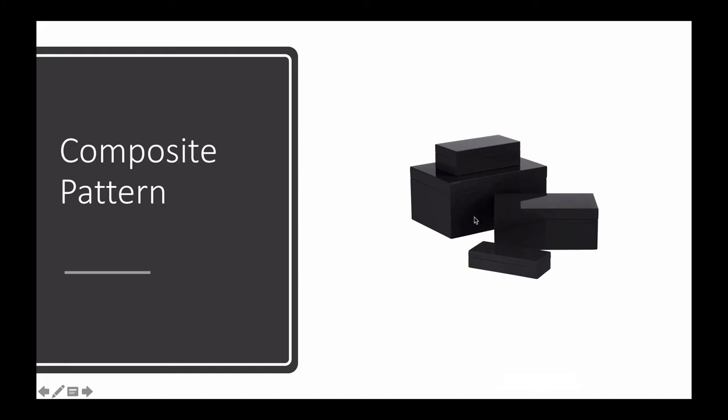In the composite design pattern, you might have a scenario where you want to use some of the objects which are embedded inside the same object and are of the same types and support the same type of operation. So let's say you have a gift box.